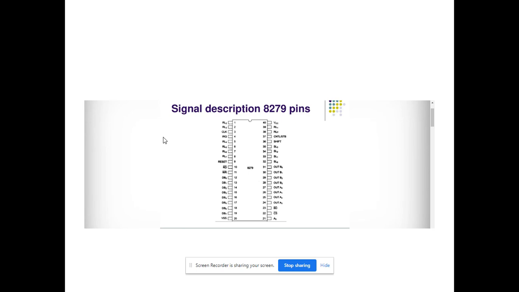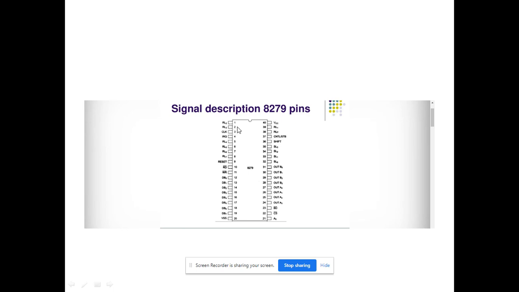8279 is a keyboard display controller. It is an Intel product, and as with the 8085, the 8279 also has 40 pins. These pins are shown in the pin diagram, pin number 1 to pin number 40.